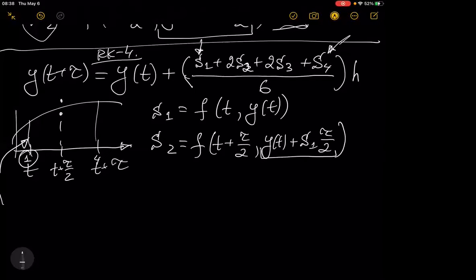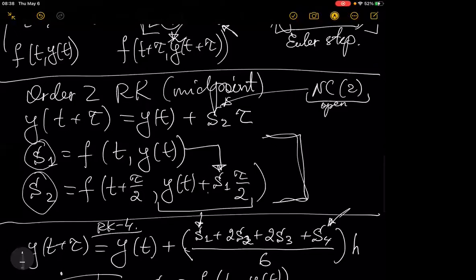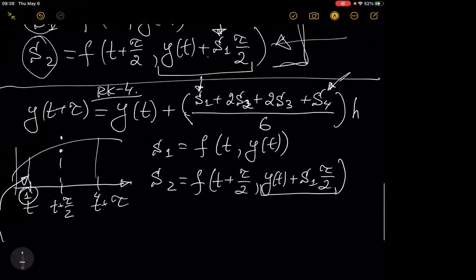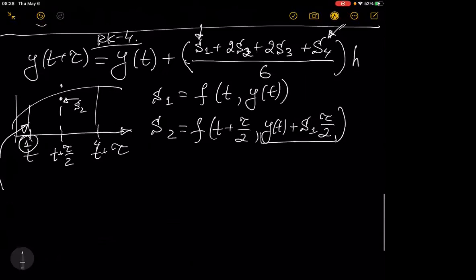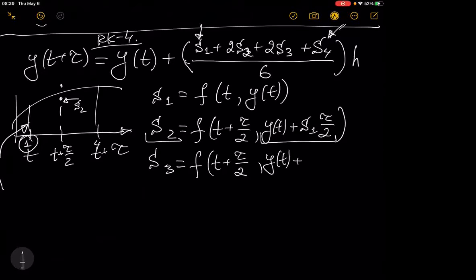You see it's a standard step, exactly the same as what we use, for example, for the midpoint rule, right? So let's say this is our S2. Then you can do S3 using already this: f(t plus tau divided by 2, y(t) plus S2 tau divided by 2), making this half step.